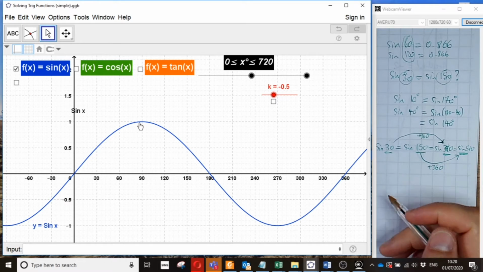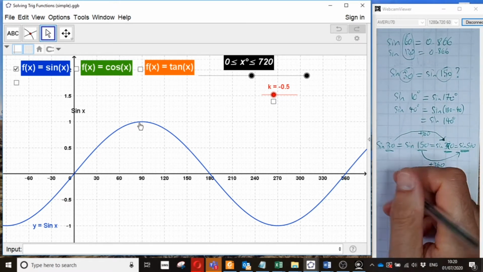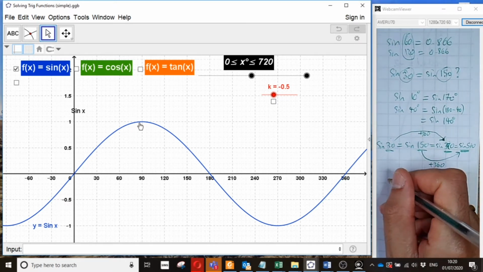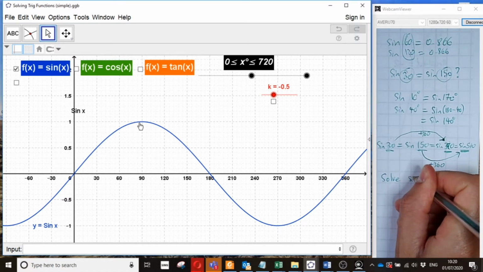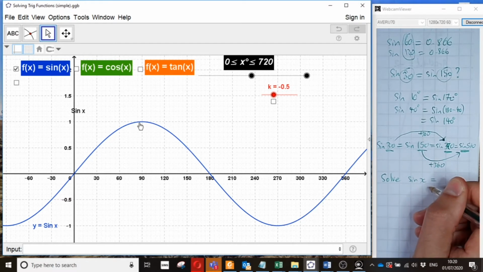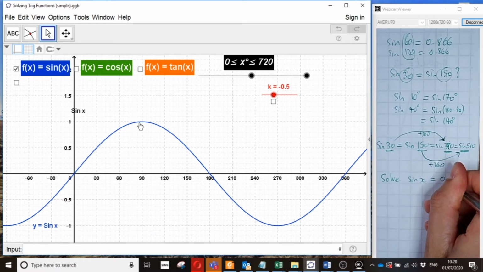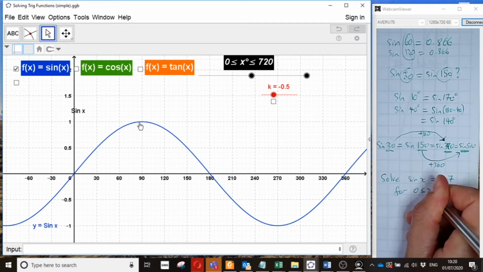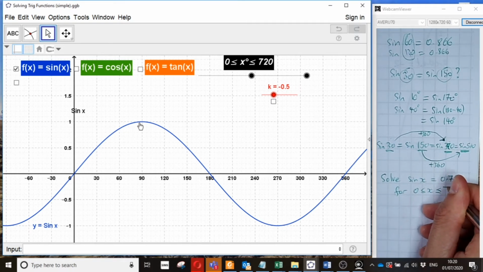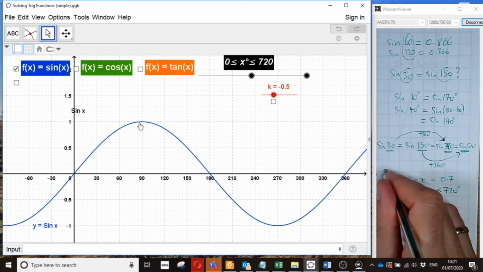So we're going to do our first trig equation now, and hopefully you'll see how it links into what I've just said. So we are going to do this. Solve sine x equals 0.7 for 0 is less than or equal to x is less than or equal to 720 degrees.